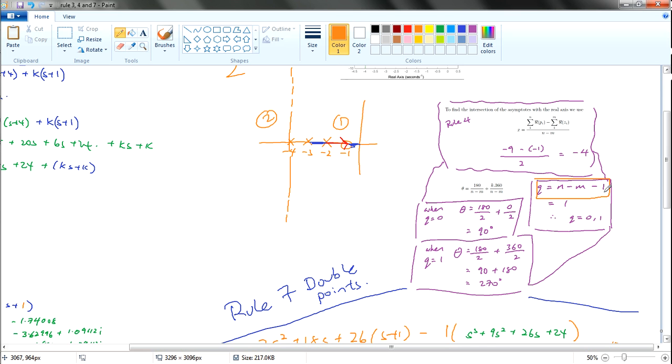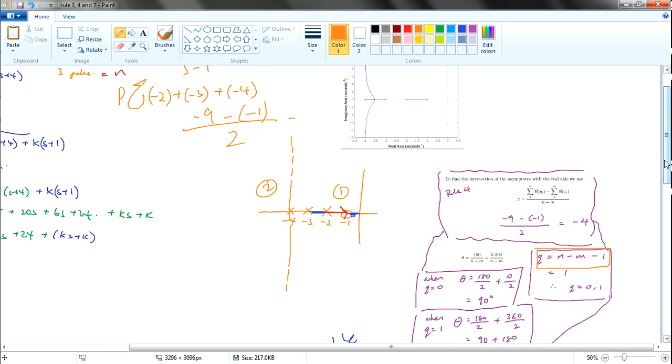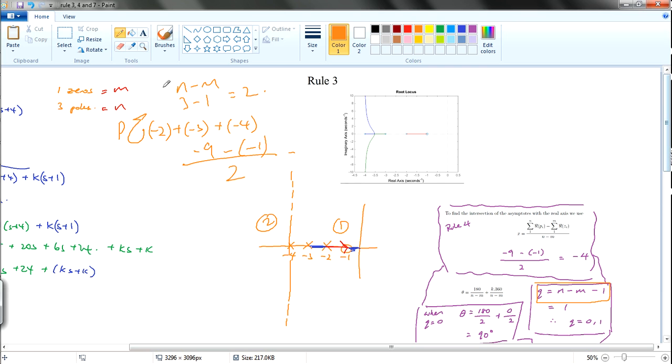The n is the number of poles, and then minus the number of zeros, so you have 2. And then 2 minus 1 is equal to 1. So Q is equal to 0 and 1. This is why it is written over here. Later you will understand why I put 0 and 1.